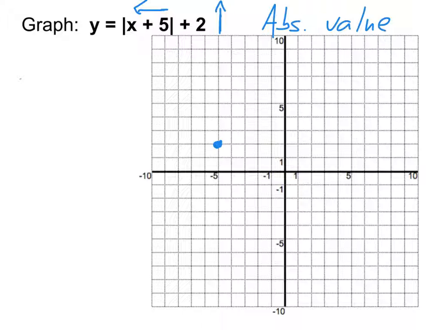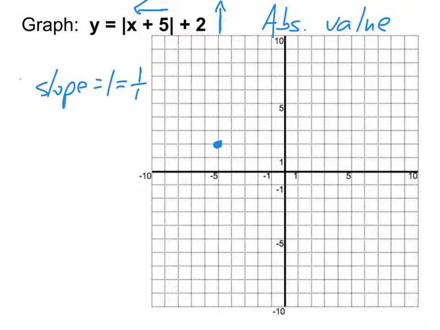When we draw on the absolute value graph, it's like there's a slope here of 1. Because notice there's nothing multiplied by x. And just like a line, if there's nothing multiplied by it, the slope would be 1. And if I'm going to graph something with a slope of 1, most of us with graphing a slope, we think of rise over run, so we think of it as a fraction. So 1 as a fraction is just 1 over 1.